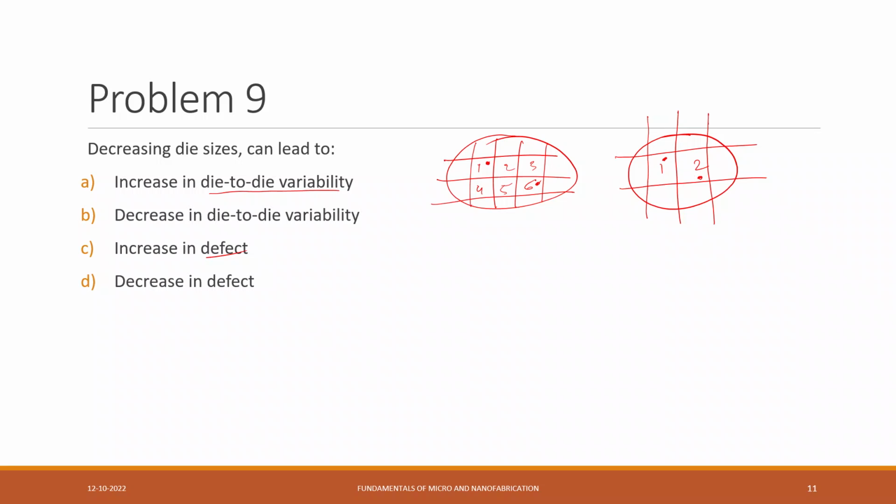So if you decrease die sizes, there is a decrease in defective dies, so most of the dies are good and the yield will be higher. But as there are a lot of dies here, they are at different positions, which is what we discussed as spatial variations. With bigger dies, they are spatially in a similar position, close together, so the variations will be lesser in bigger size dies.